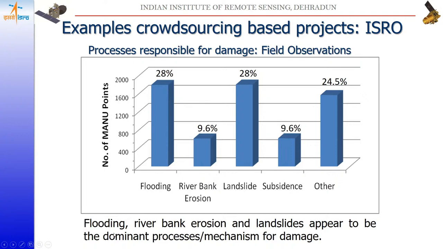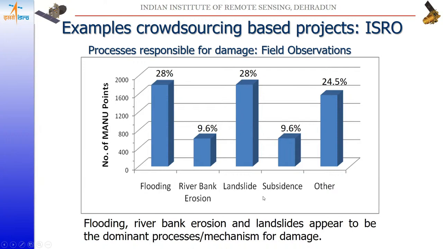Flooding accounts for around 28% of the processes responsible for the damage, from the data set which we were able to analyze. Flooding was the most influential in that part, and landslides were there, and subsidence, river bank erosion. So these kinds of analysis can be performed with that data set.